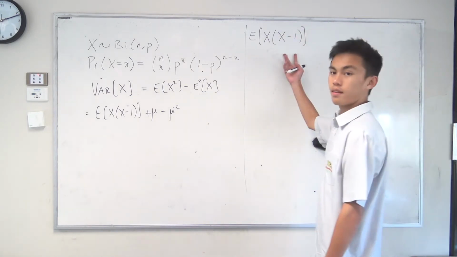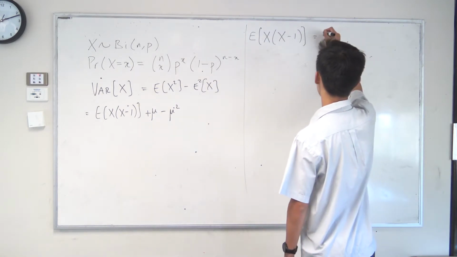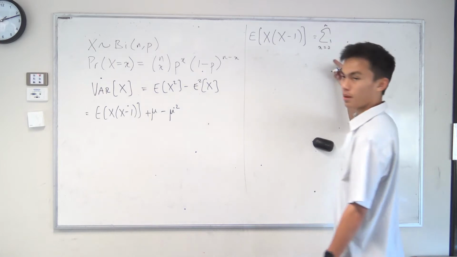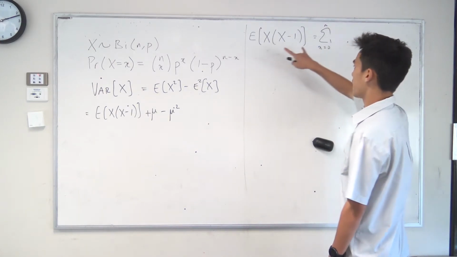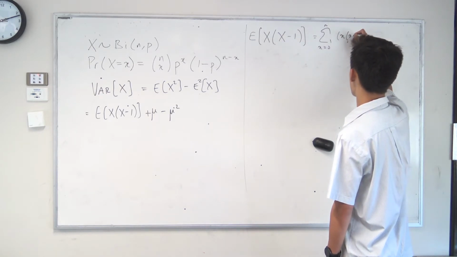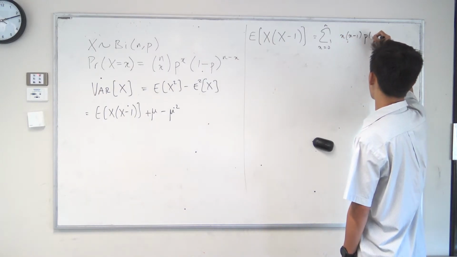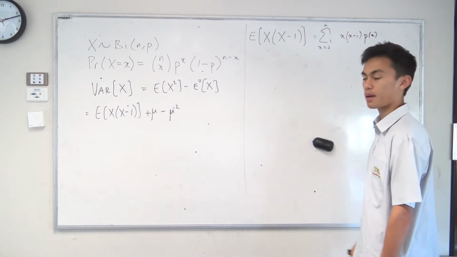Alright, let's just use the definition of the expected value. This is going to give us the sum running from x equals 0 to n, because remember our x is always between 0 and n, of x times x minus 1, and then we're going to multiply that by the probability of that particular value of x. That's just plugging in the definition of the expected value.